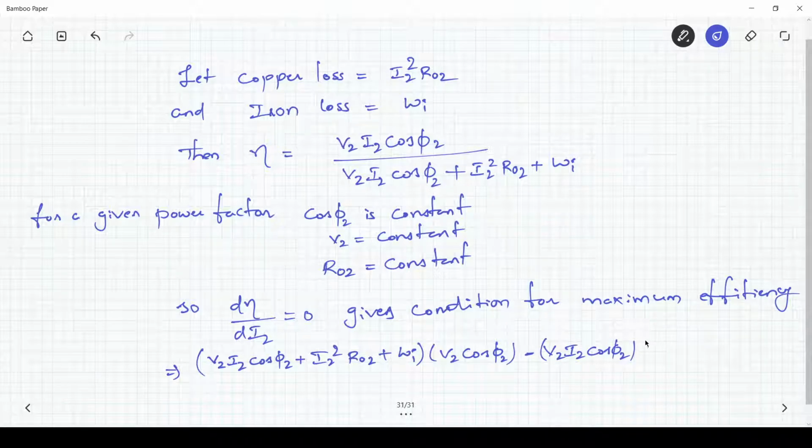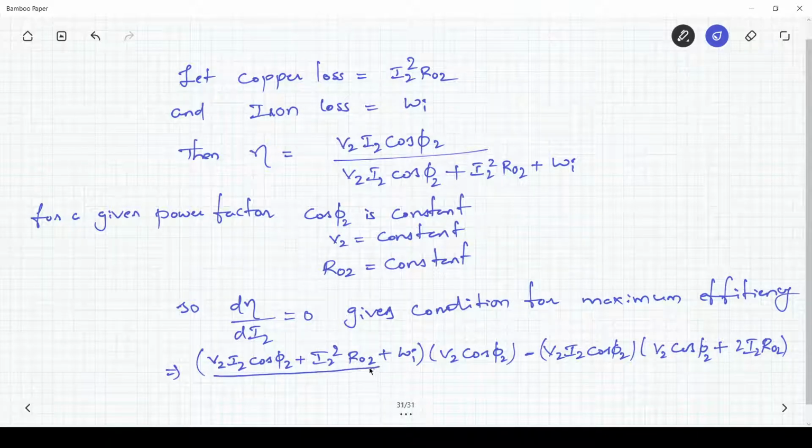So if you do it, V2 cos phi 2 plus 2 I2 R02. We know that iron loss is a constant loss, so the derivative of iron loss is 0, divided by v square.